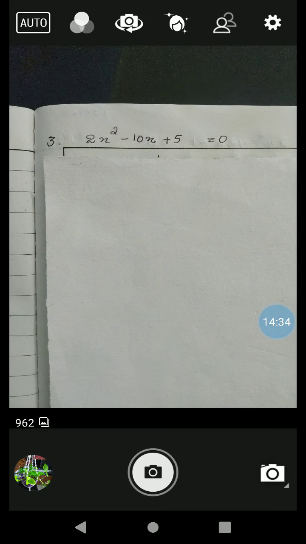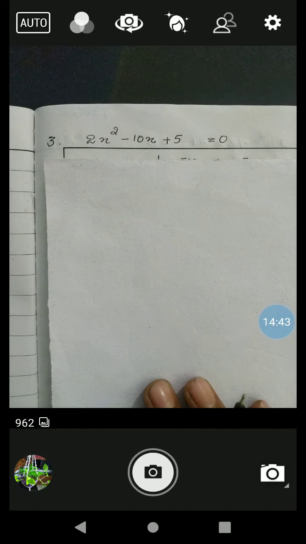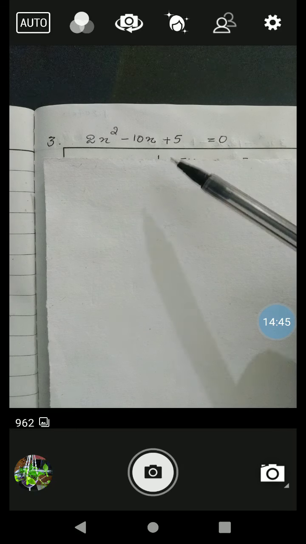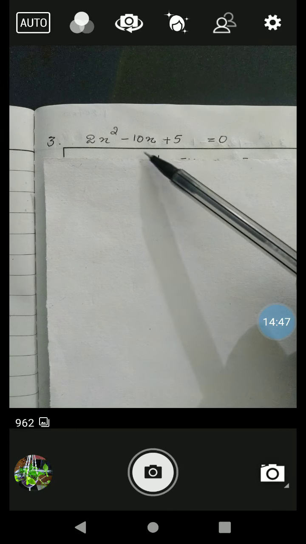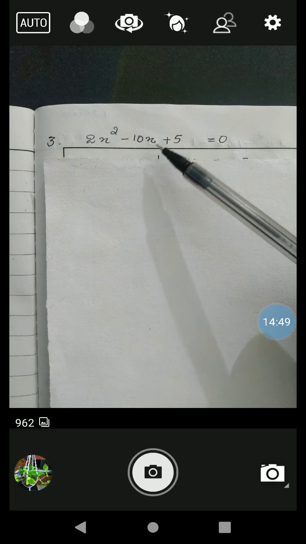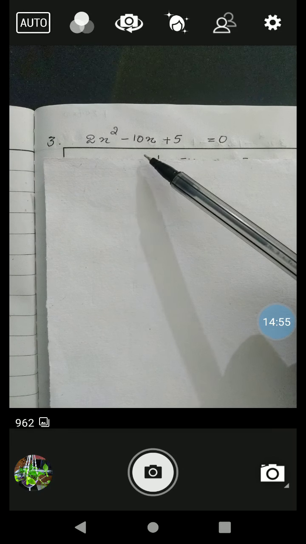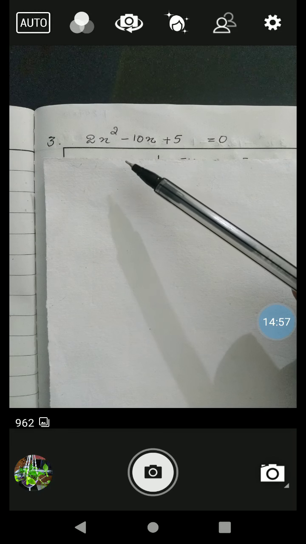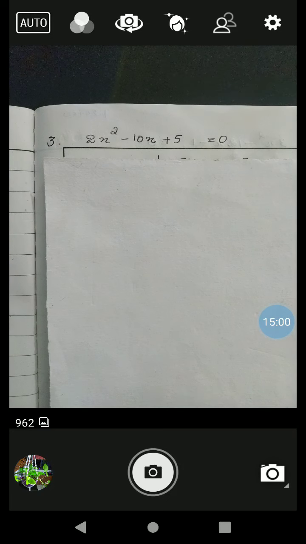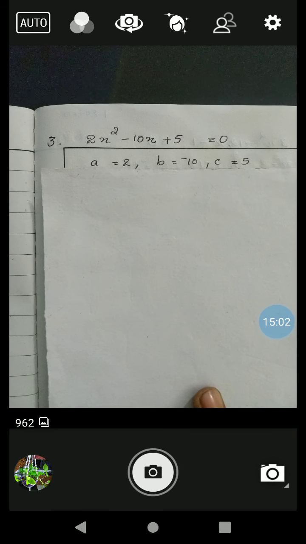So, first we can solve this quadratic equation as usual. Here, write what is A, B and C. This is in the standard form of the quadratic equation. Therefore, we can directly write A, B and C. A is 2, B is minus 10 and C is 5.